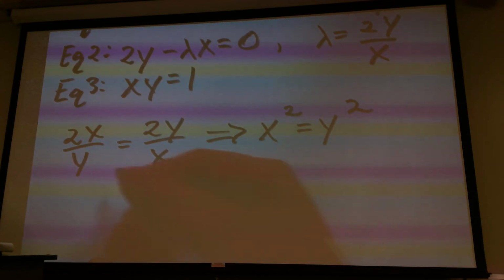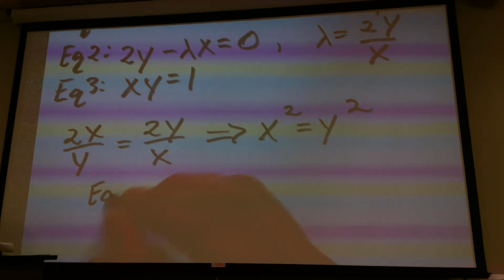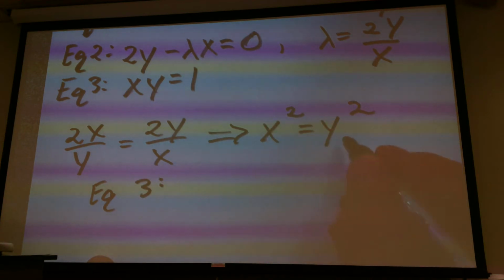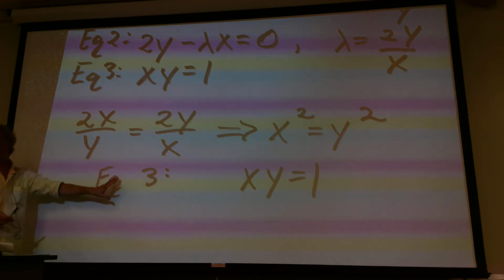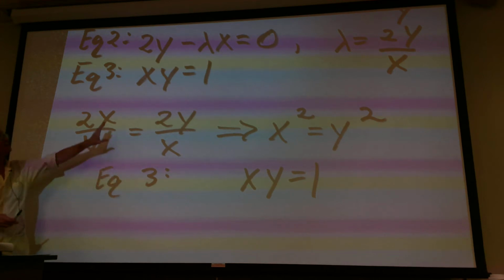And then we can look at equation 3. x squared has to equal y squared, and x times y has to equal 1. Now think about this. The constraint has to be satisfied, and this is looking for satisfying the Lagrange multiplier.